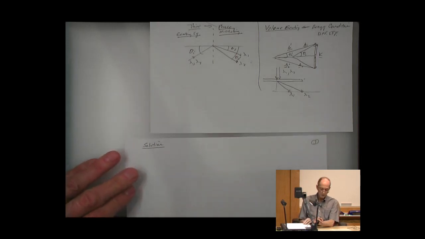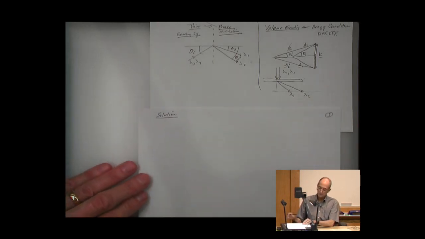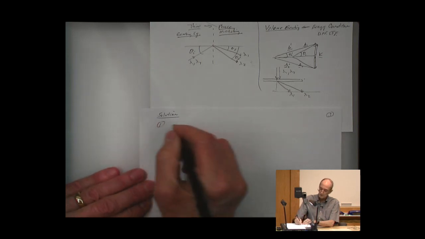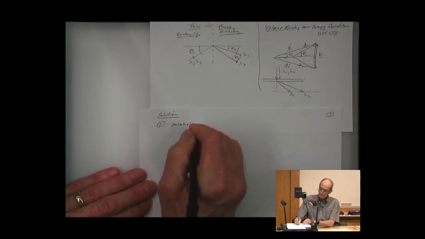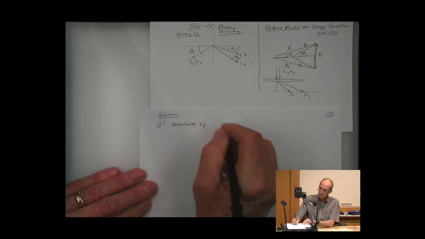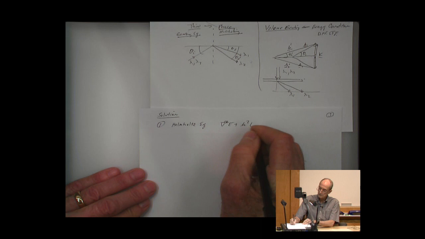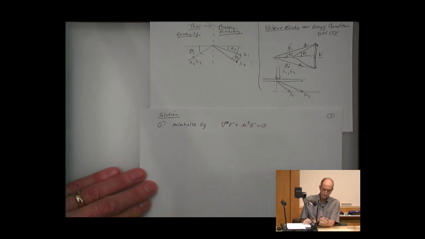There's a couple of things that we're going to do in this solution. First, again, we'll use the Helmholtz equation, which is del squared E plus k squared E equaling 0.